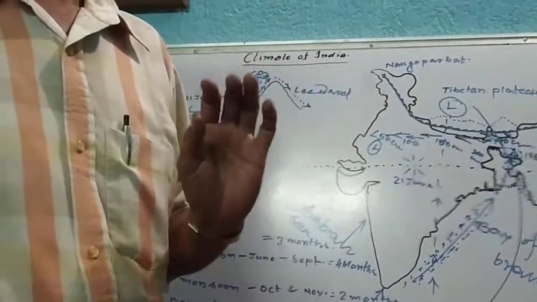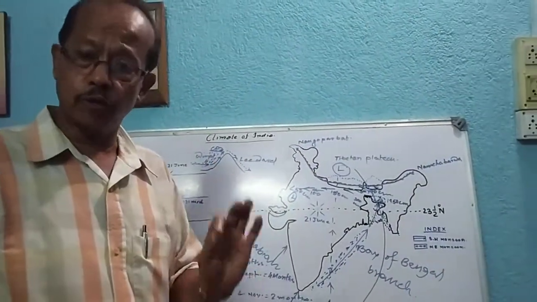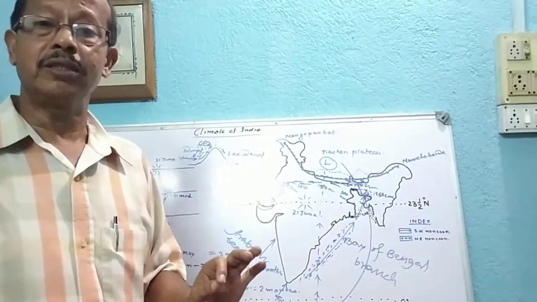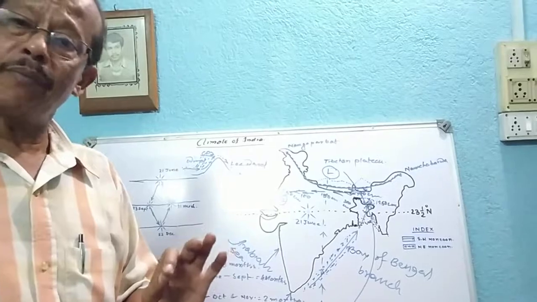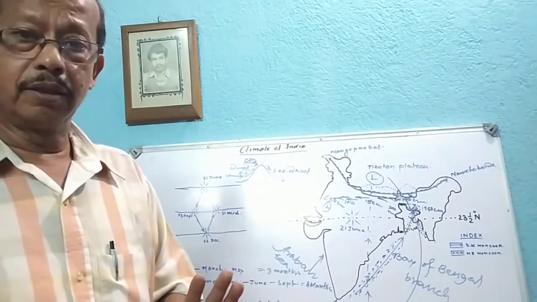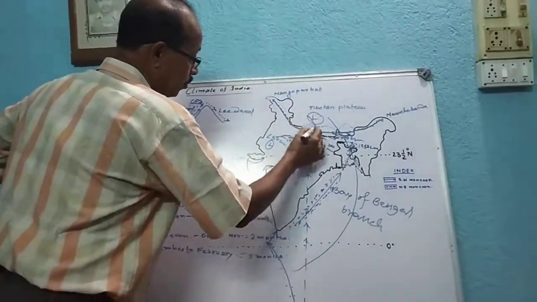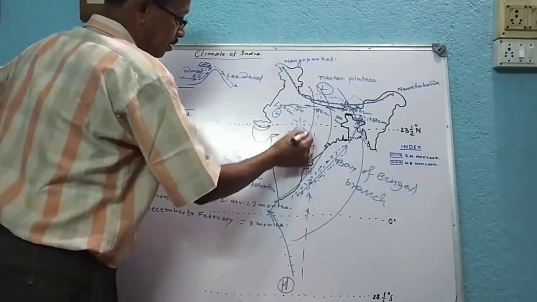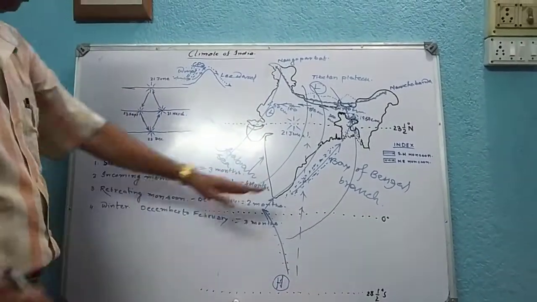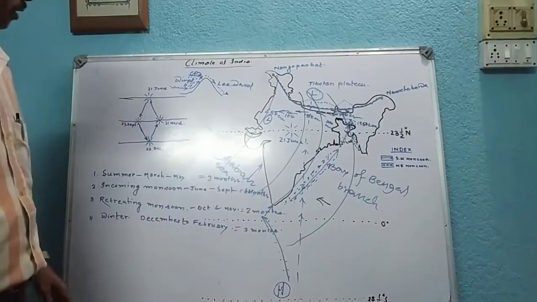What do you mean by isohyet line? An isohyet is nothing but the line joining the stations receiving the same amount of rainfall. These isohyet lines gradually advance towards the west up to July, August, September. In this way, it advances towards the west.